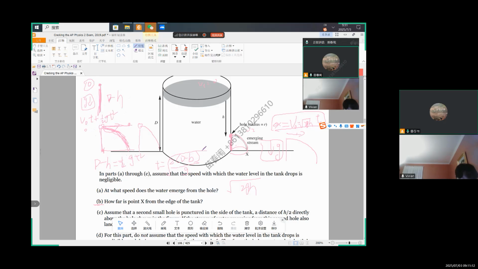Does that make sense? So I can use this t and multiply by v0 horizontally. I should mention this is v0y here.